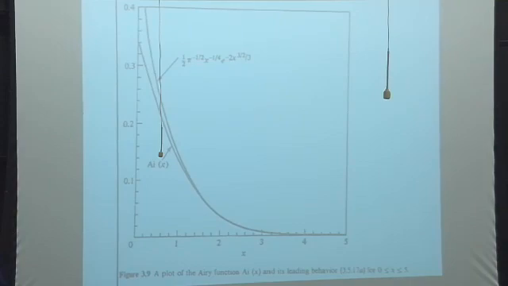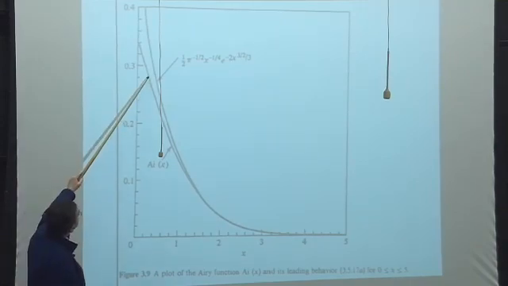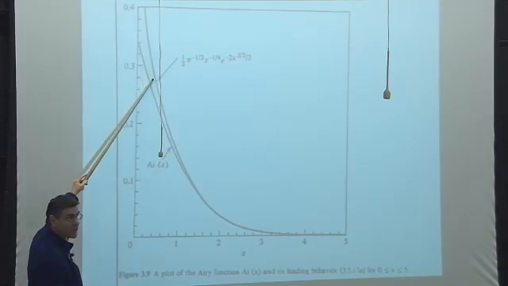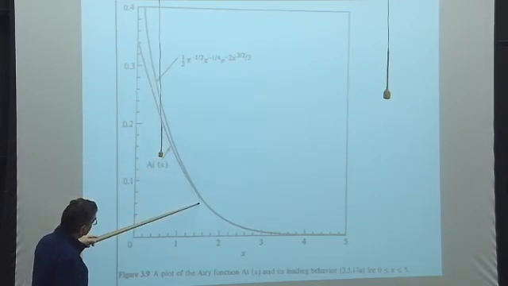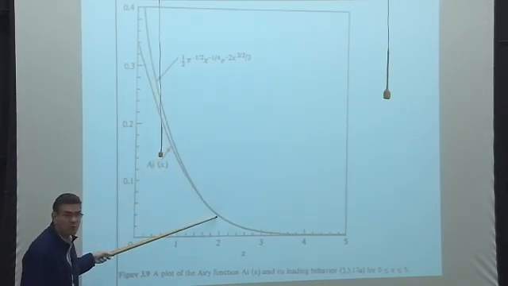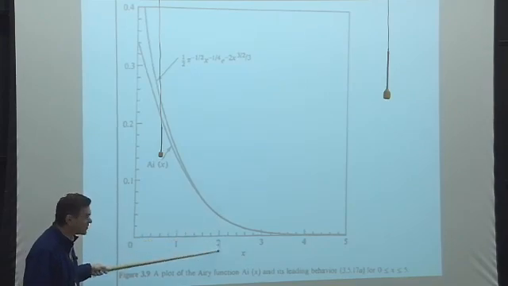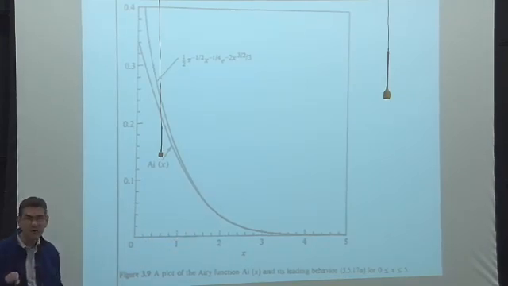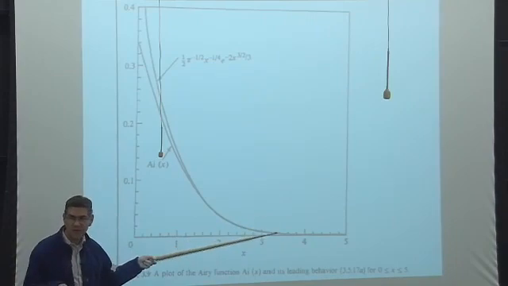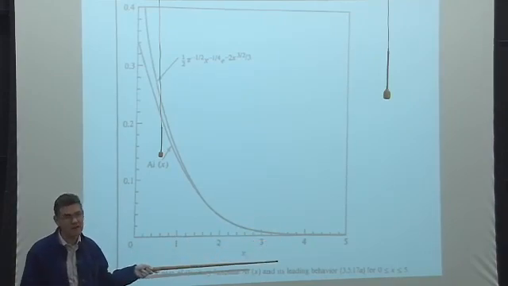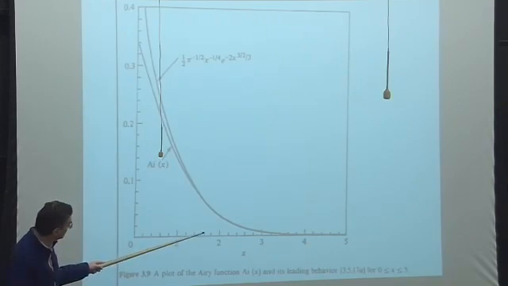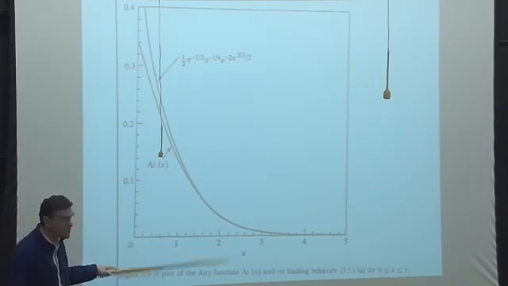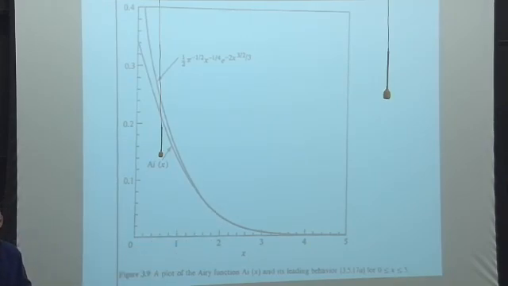And look how accurate this asymptotic approximation is. You can't see the difference between those two lines when x is 2. Now remember, this was asymptotic analysis as x goes to infinity. That's local analysis at x equals infinity. But already 2 is so close to infinity that you can't see the difference between the two curves.